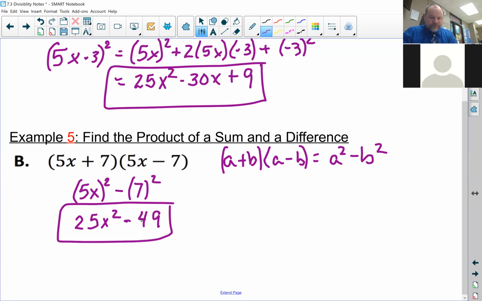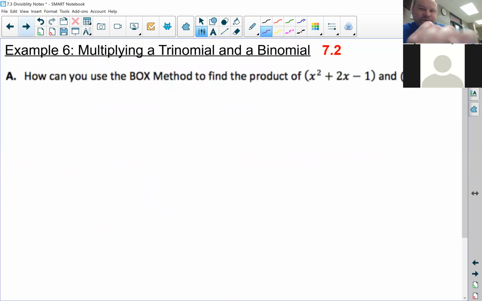All right, last bit was multiplying a binomial and a trinomial. And you could use an extended FOIL method. In this case, I really like the box method. I mean, I like it for a binomial times a binomial as well.